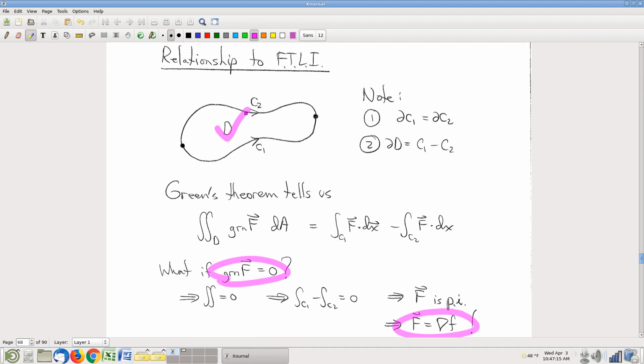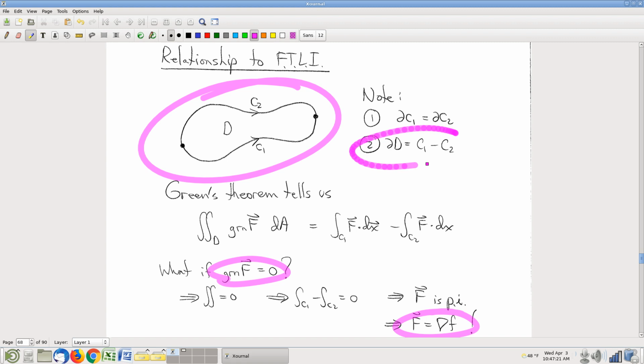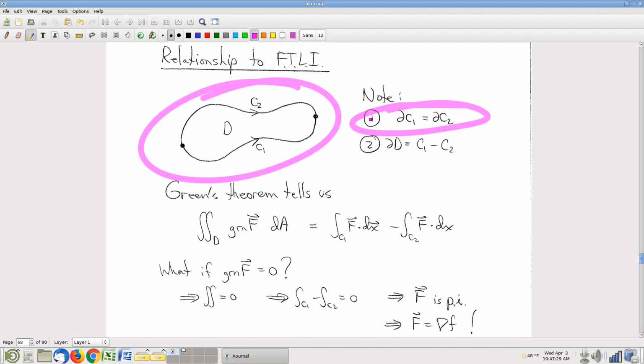Very loosely speaking, details aside, you can look at this picture and say it's a picture of Green's theorem, because it's a region with a boundary. But you can also look at this picture and say, hey, this is a picture of path independence, because it's two curves starting and ending at the same point. This picture is arguably a picture of both, and that's kind of neat. Everybody happy with that? Any questions? It's a neat argument.